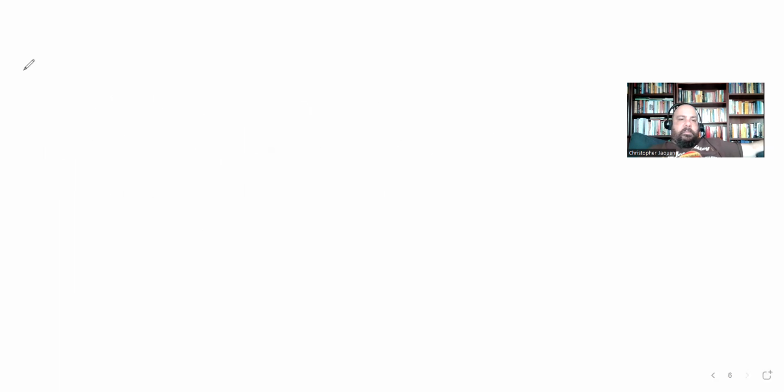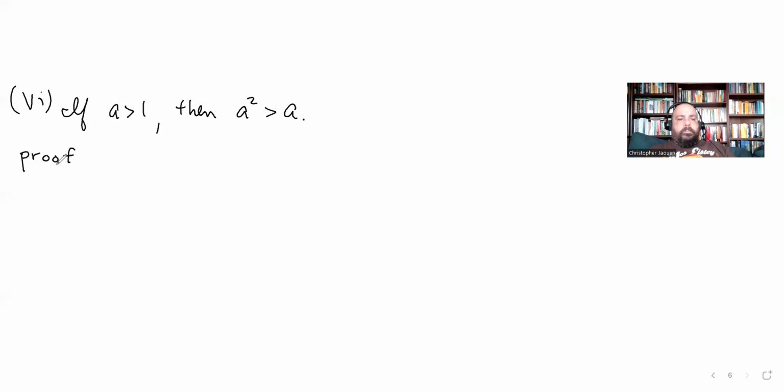Right, next, VI. If A is greater than 1, then A squared is greater than A. Proof. Right, let A greater than 1.